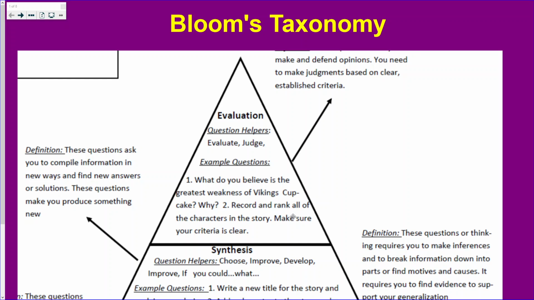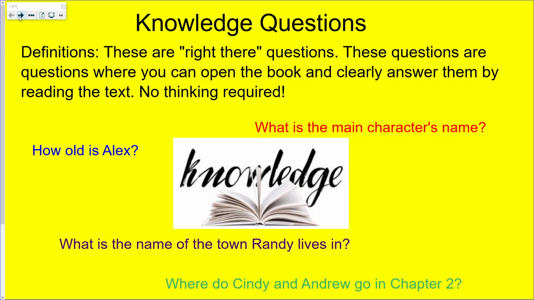So it's not like one question is more important than another. The higher in the pyramid is supposed to be more thought process, more thinking, more inferences that need to be made. But you definitely need all different types of questions to have a true, well-rounded understanding of whatever concept you are creating around Bloom's taxonomy.